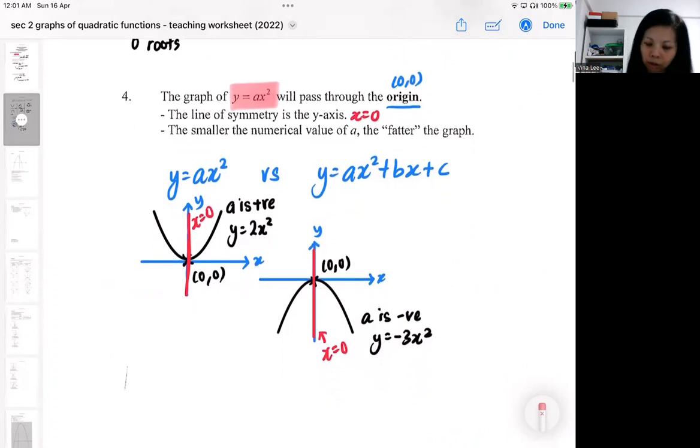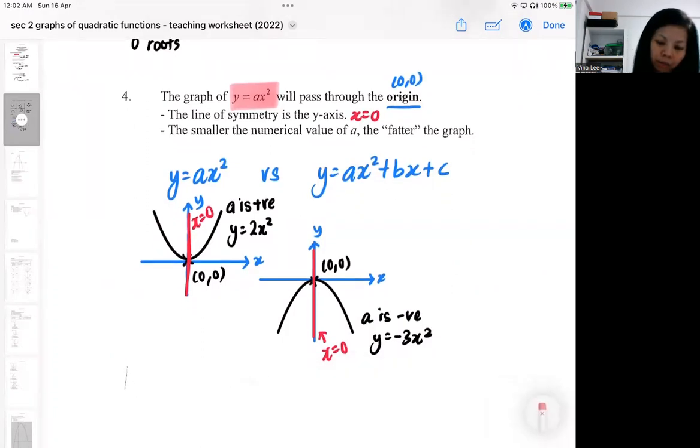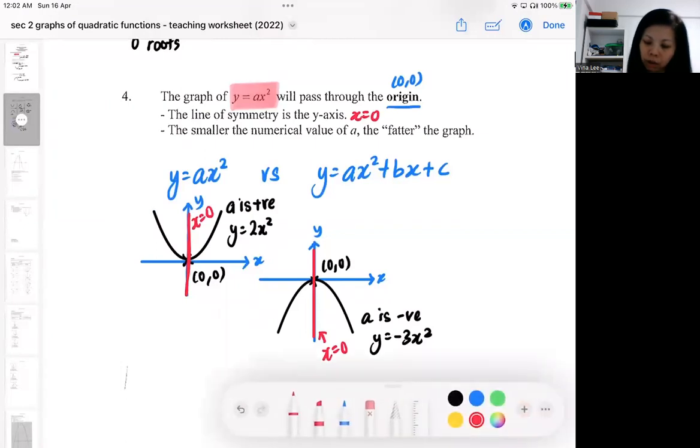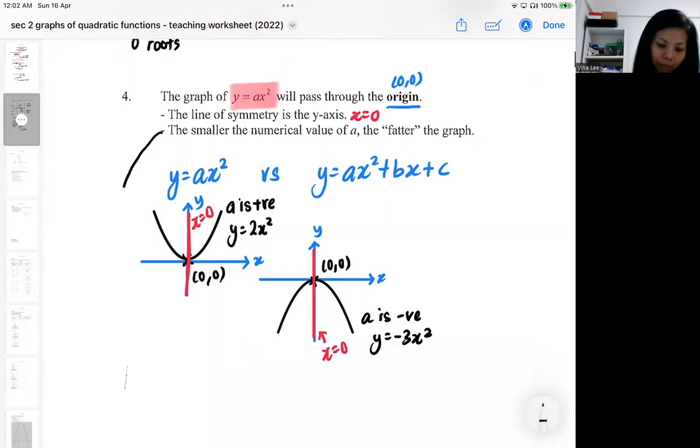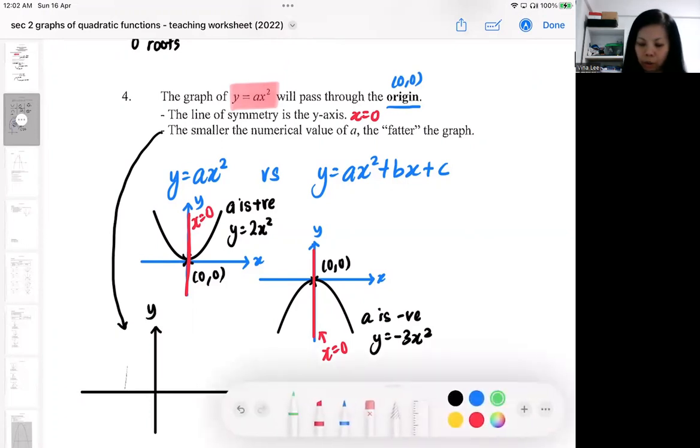Okay, as a very simple example, I'm going to show this feature here. I will draw a small graph to illustrate the idea of how a will affect the fatness.